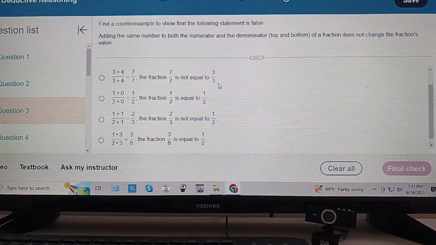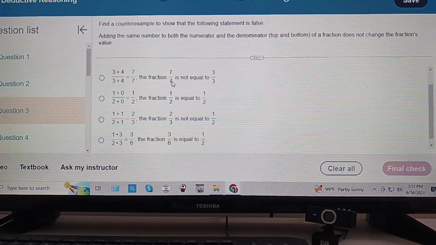But that's not the answer because actually 7 over 7 is equal to 3 over 3. Both of those equal 1. So the first one's actually an example that shows that this process works, but we're not looking for one time that it works. There's no easy way to prove something's true by one example. So this is not the answer because I'm looking for a counterexample that shows it's false. I don't care about showing that it's true right now.